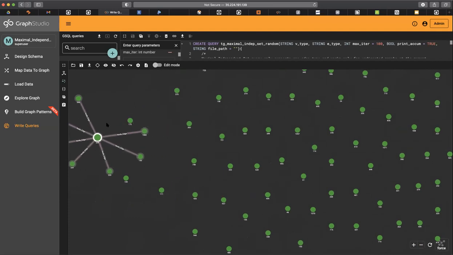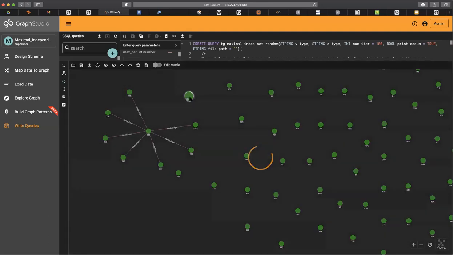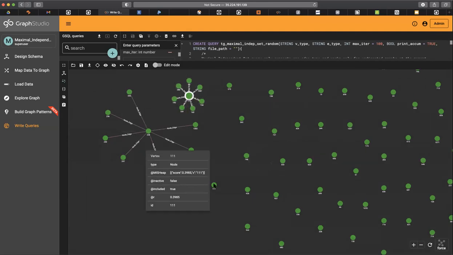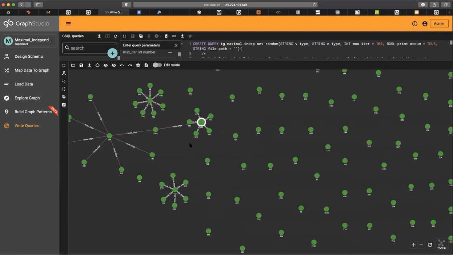You'll note that it wasn't connected to any other vertices in my result set. So these are all independent vertices. This was a shared neighbor between them. So it came very close to not being a maximal independent set, but they just had a shared neighbor.